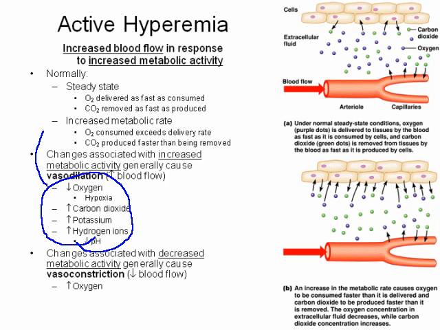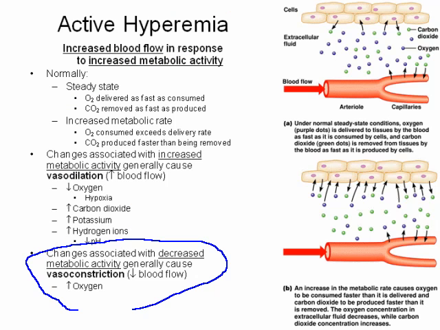So all of these are factors that produce active hyperemia. Changes that are associated with decreased metabolic activity generally cause vasoconstriction, and the largest factor there is when the oxygen level goes up. It indicates a reduction in metabolic activity and therefore a reduced need for blood flow. So this is active hyperemia.